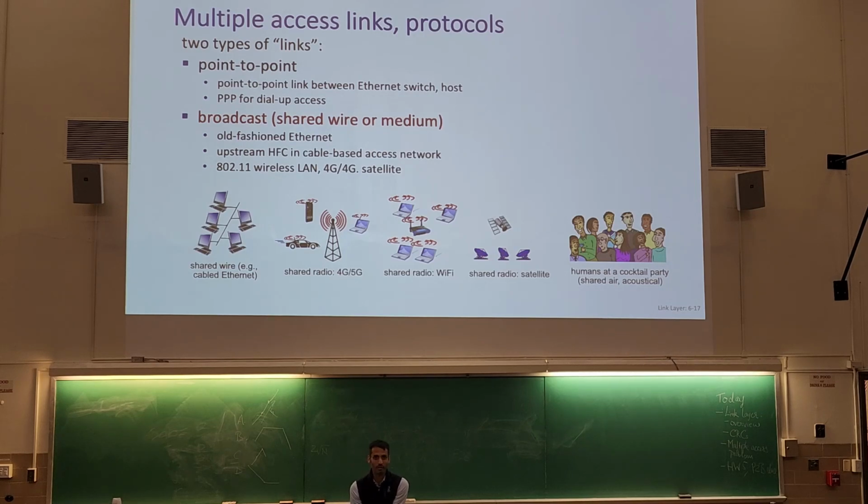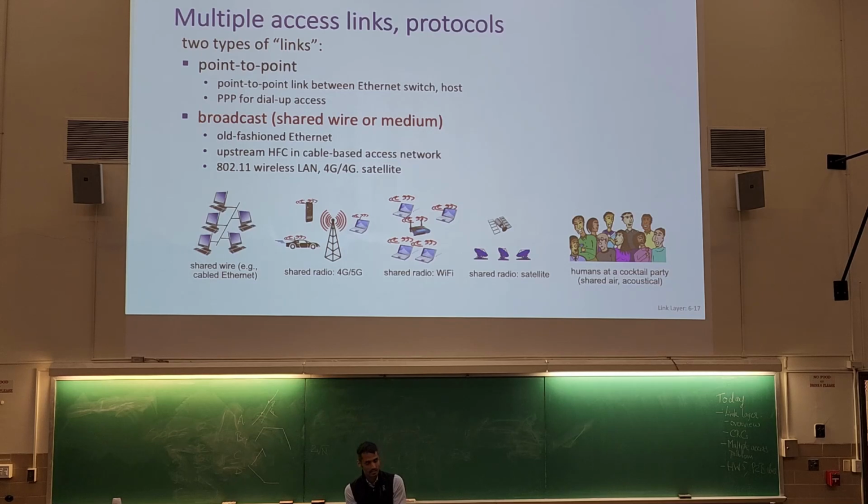So it's sort of like a party going on. And our challenge is that we want to ensure that at any time exactly one node speaks. If more than one node speaks, then nobody hears anything. That's the game, that's the challenge.